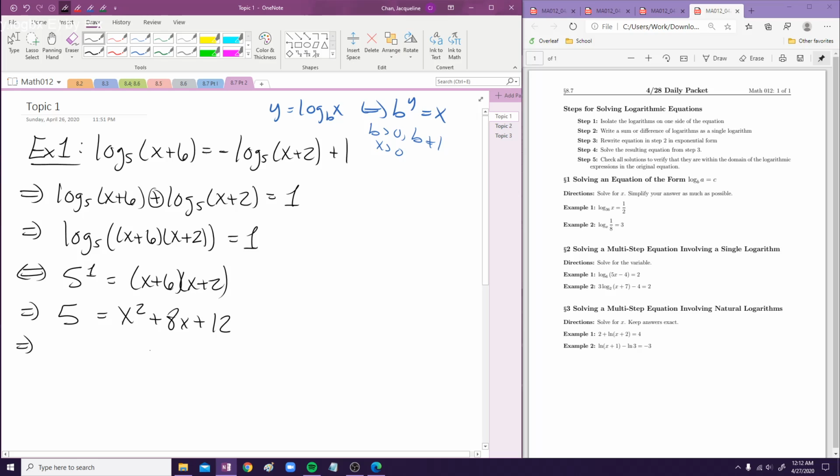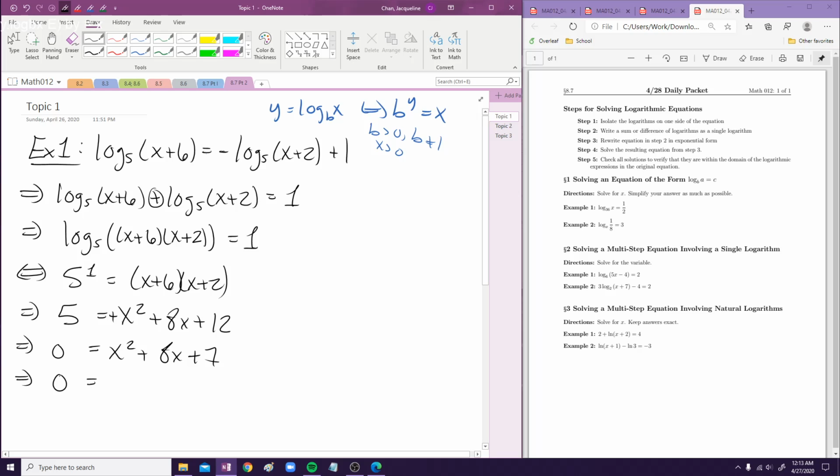So let's subtract 5 over. The reason I'm subtracting 5 over is because I'm looking at this leading coefficient. It's positive, so I'm just going to subtract this over, so we don't have to factor a negative out or anything.